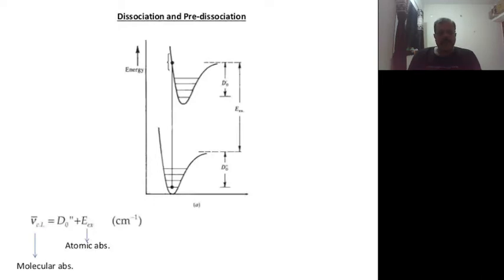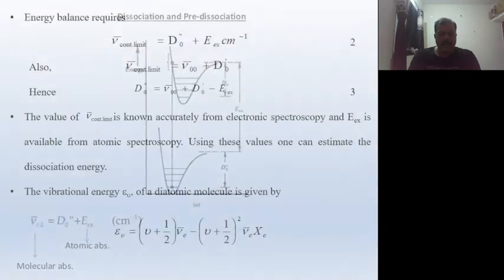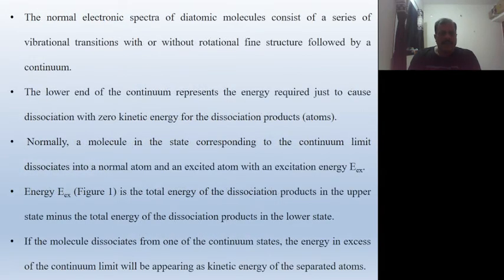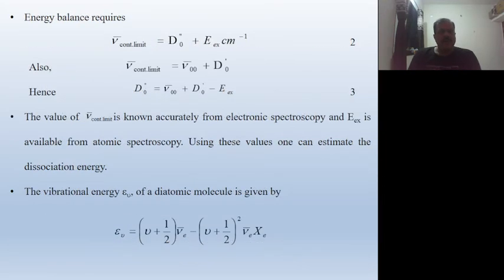EX indicates atomic excitation and nu bar EL indicates the molecular excitation. This is the diagram. Now energy balance requires nu bar continuum limit is equal to D double prime 0 plus EX per centimeter, as already shown in this diagram. This is equation number 2.